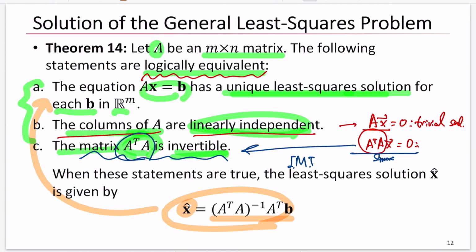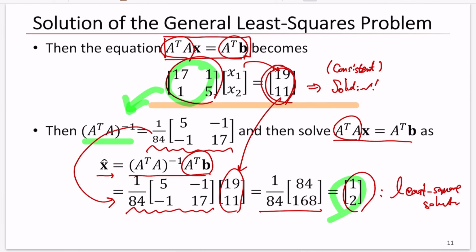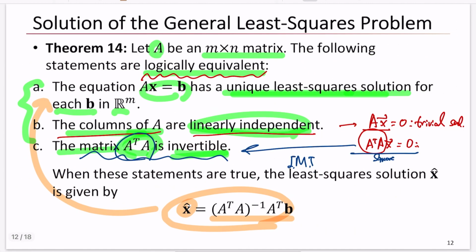In other words, if the system does not have a unique solution, then you have to find out the number of solutions for the least square solution. That's the theorem.